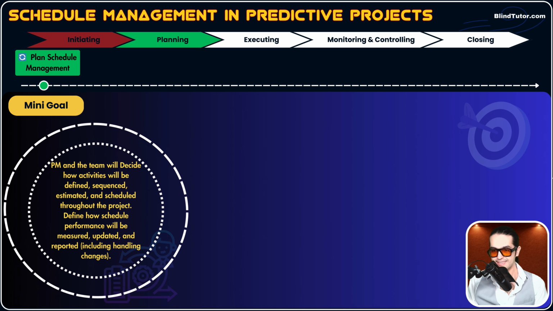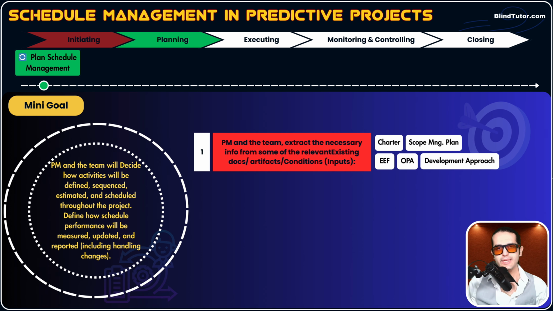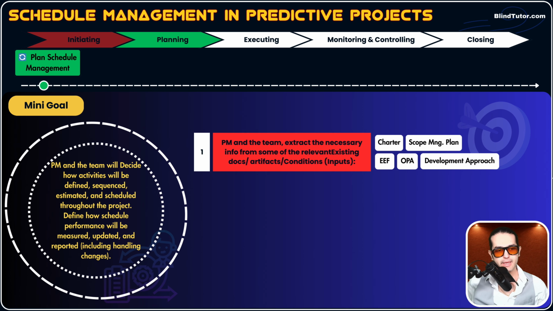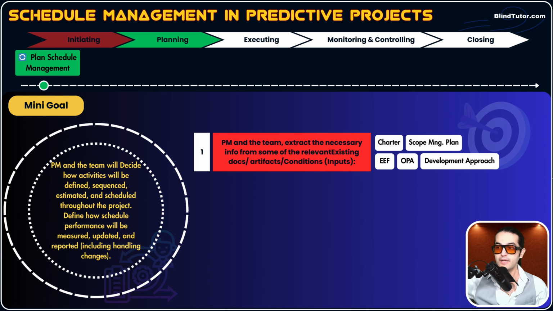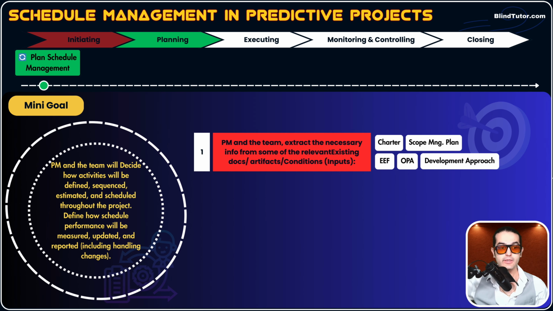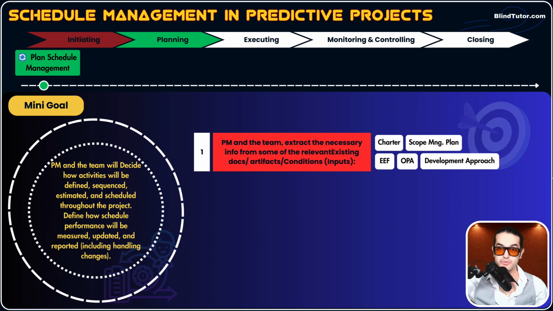Now, as always, we're gonna have inputs. PM and the team extract the necessary information from some of the relevant existing docs, artifacts, and conditions, which we call inputs. What are the inputs of the plan schedule management process? Project charter, which has been created in the initiating phase. Scope management plan, which has been created in the plan scope management process.